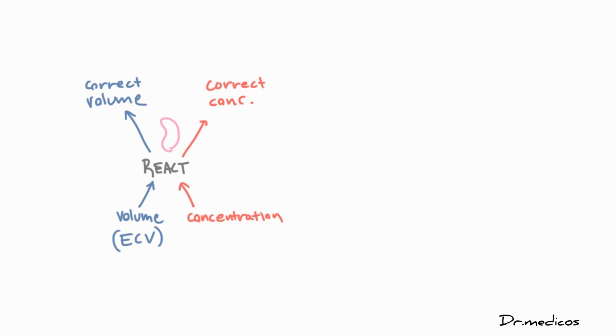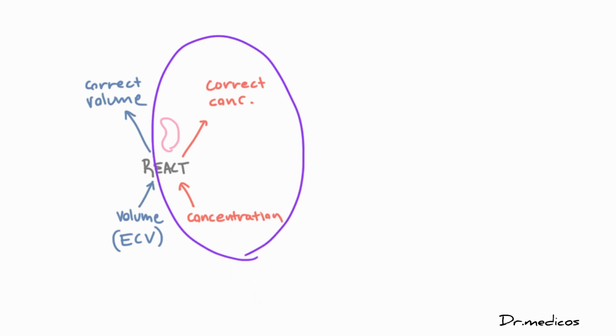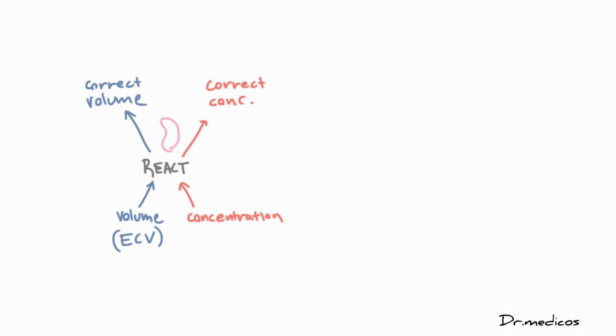So now I want to ask you a question, which is, which one do you think is more important? Which one of these does the kidney need to respond to more quickly and more sensitively? The answer is concentration. And there are a couple of reasons why you might think that would be the case, and I'll give one argument. And that is that the body is basically just a combination of many, many different chemical reactions.